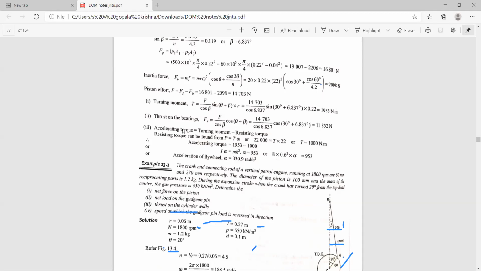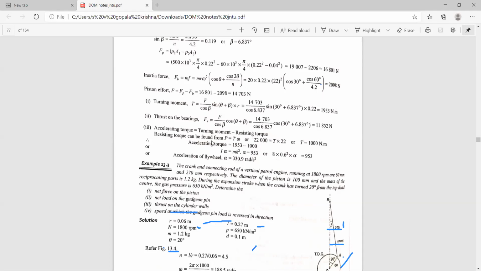The third one is the accelerating torque. Accelerating torque equals turning moment minus resisting torque. Turning moment is already there, but we don't know the resisting torque.